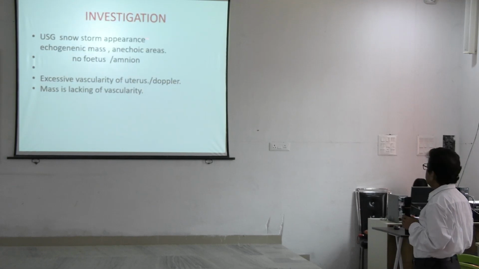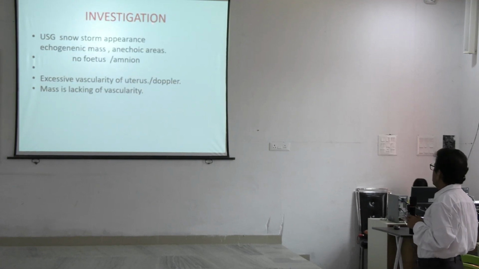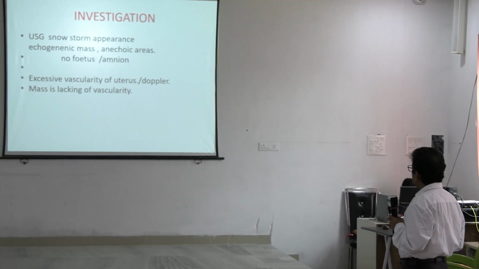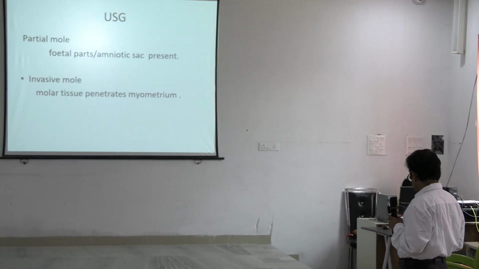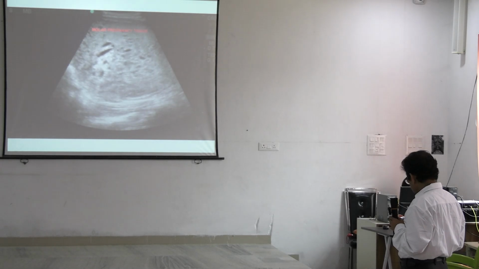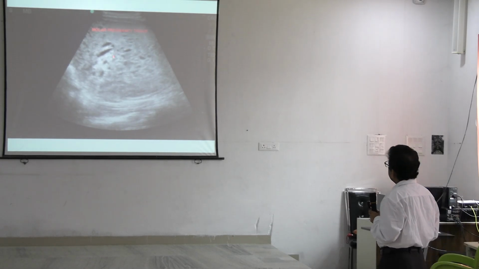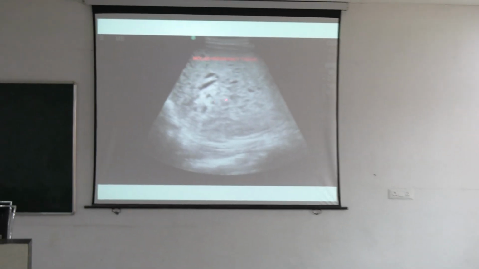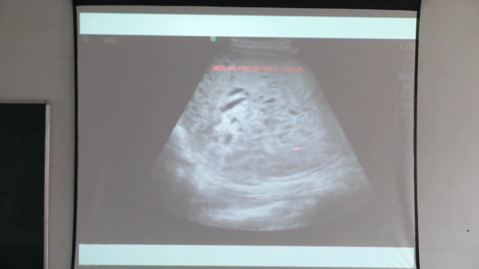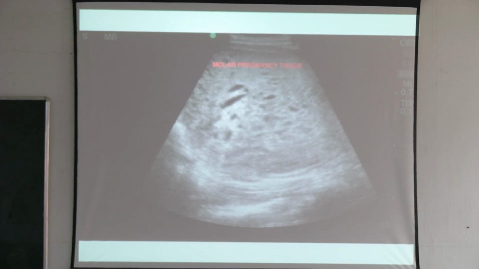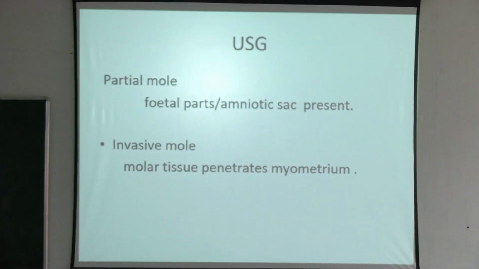So what are the investigations you can go for in molar pregnancy? These are the USG findings. You see, in molar pregnancy, these are the cystic spaces, and this is the other proliferative tissue. This can be confused with so many things, and we are coming to that later on.